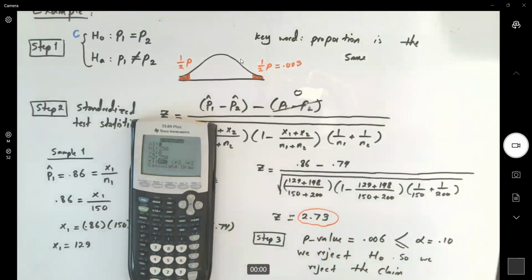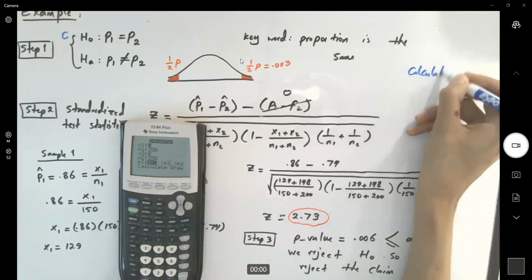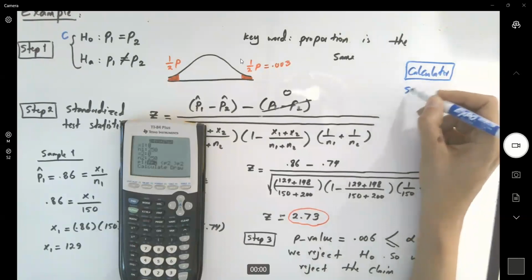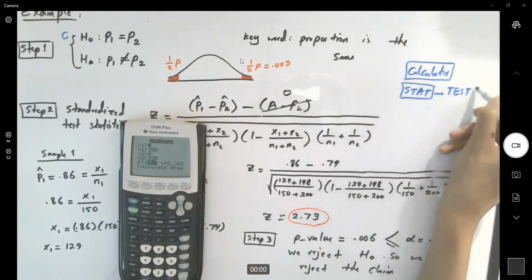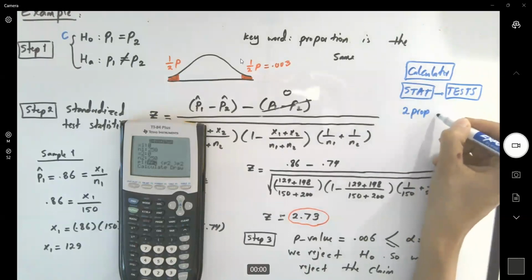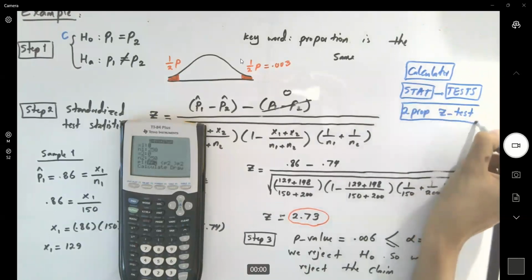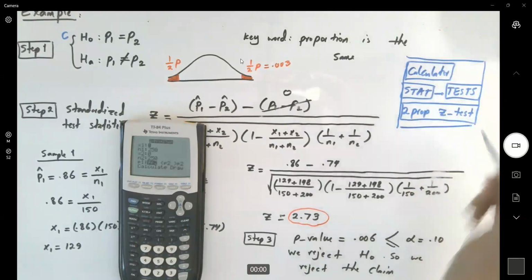Let's write it down: use your calculator, STAT, TESTS, 2-PropZTest.